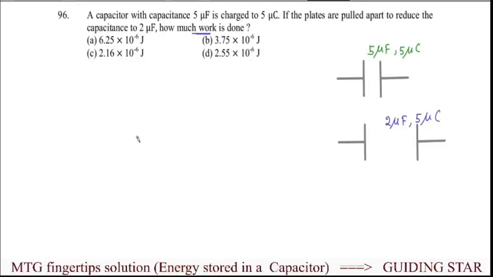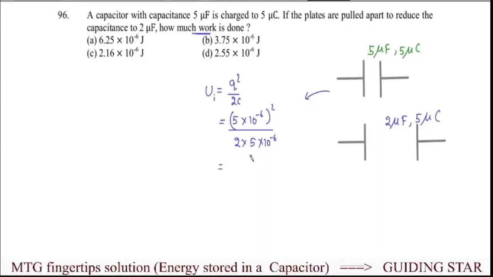So what is the energy in the initial case? U initial will be equal to half CV square, or else we can apply the other formula. Because charge and capacitance are given, we can use the formula Q square by 2C. Q is 5 microcoulomb, so (5 into 10 to the power minus 6) whole square divided by 2 into 5 into 10 to the power minus 6.